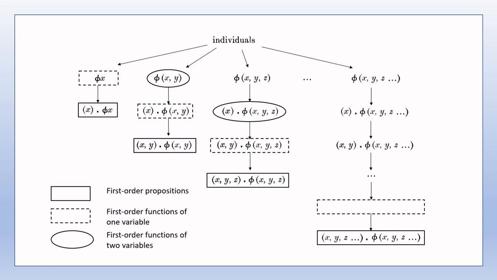Notice that when we start with, say, the function phi xy of two variables, both ranging over individuals, then when one of these variables is generalised, that is, made into an apparent variable, then we end up with something like for all x phi xy, which is, of course, a function of a single variable which ranges over the totality of individuals.